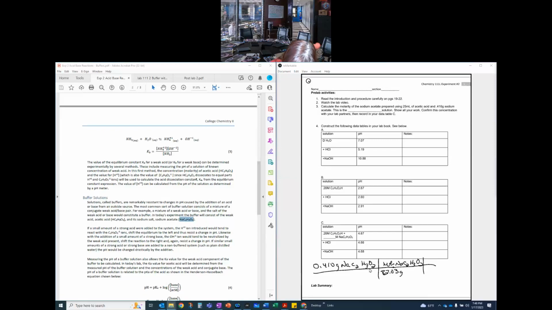And then to get it to molarity, I need to divide by the volume. Now, we put that into 25 milliliters, and I know that there are 1,000 milliliters per liter. So that's converting milliliters to liters.